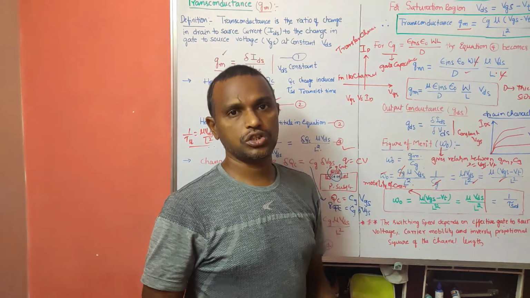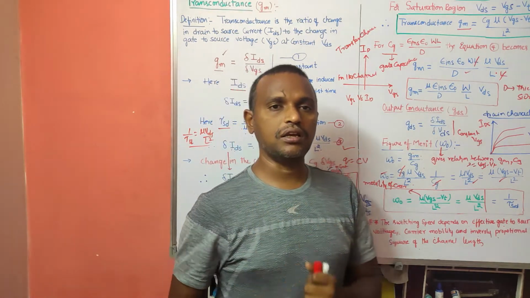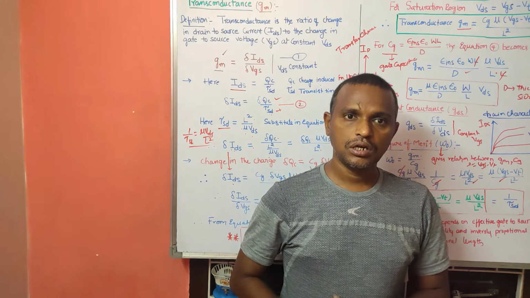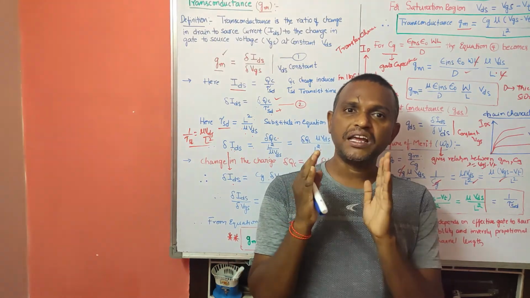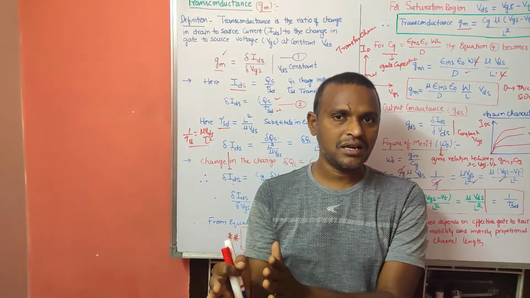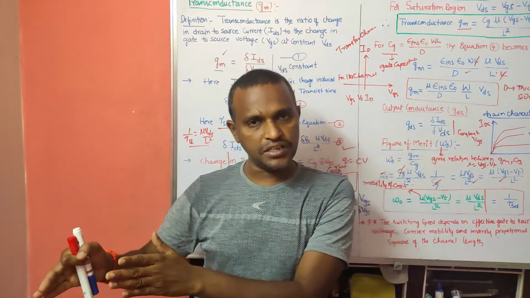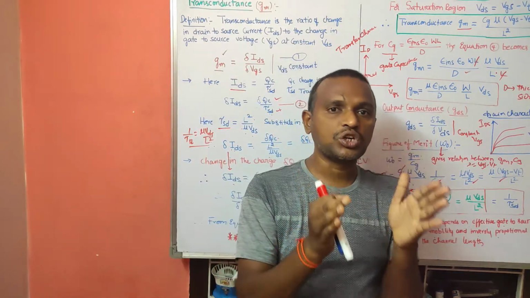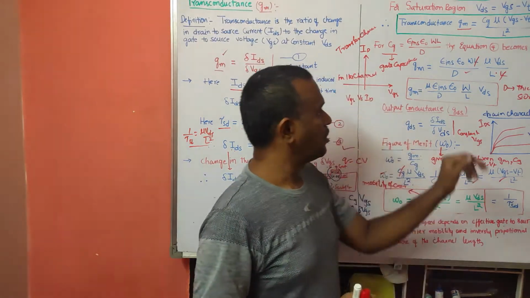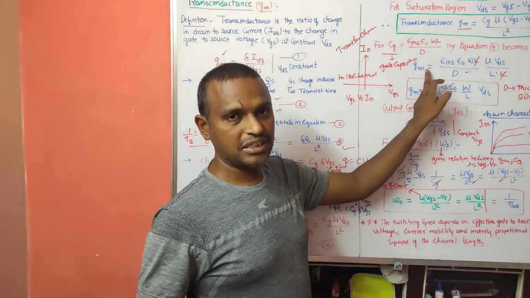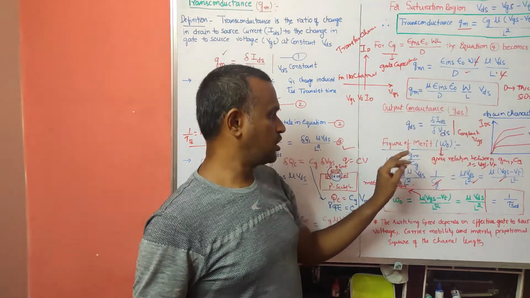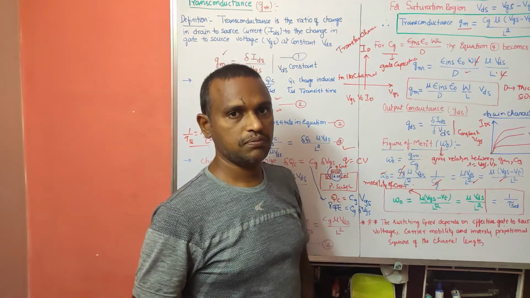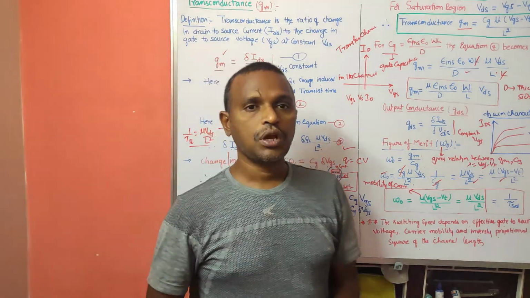W, that is the width of the channel. So finally the conclusion is the speed will be increased by increasing the transconductance, and the transconductance will be increased by increasing the width of the channel, because Gm is proportional to the width of the channel, and speed is proportional to Gm.